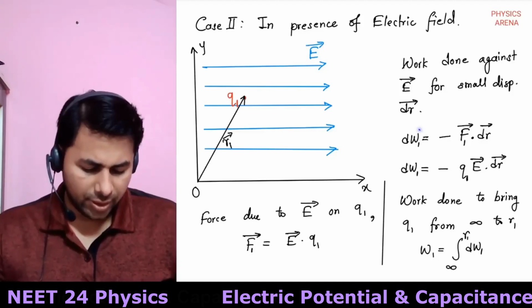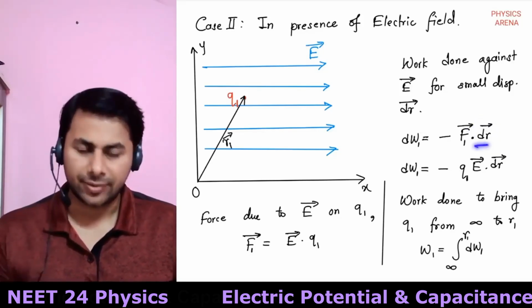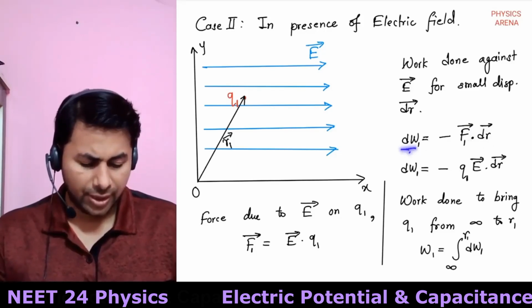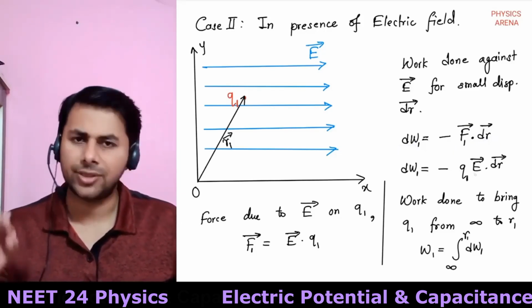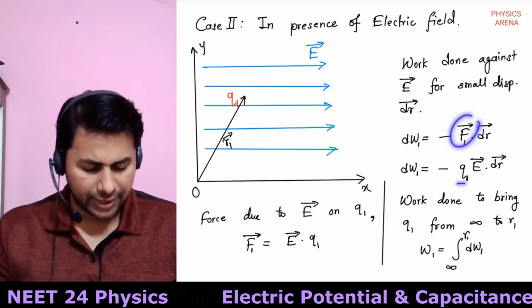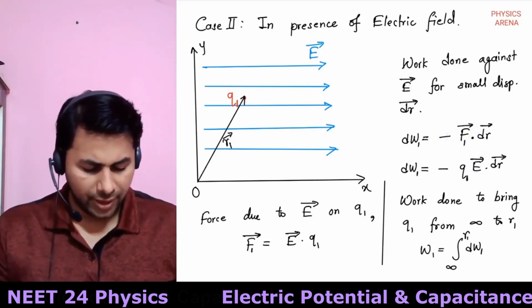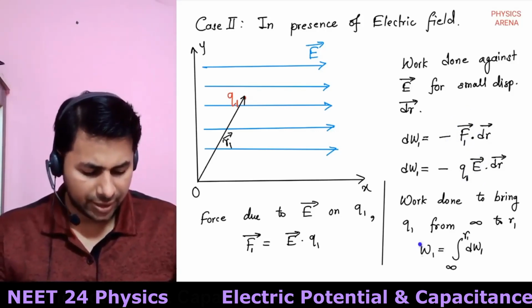Now suppose you move this charge by distance dr bar. So work done would be equal to what? F1 bar dot dr bar. F1 is the force on charge Q1, so F1 is equal to Q1 times E bar, right? So the work done to bring it from infinity to R1 is given by W1.